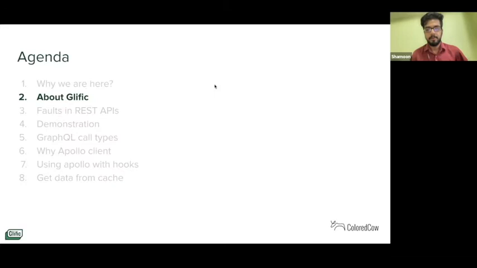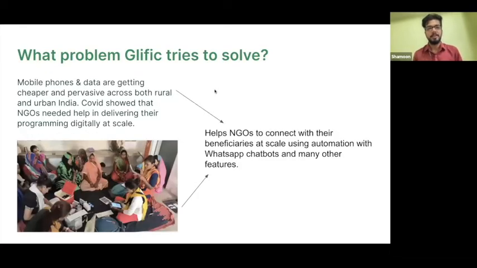Next, before that, I'll just talk about what Glific is and what problem it's trying to solve before going to the tech stack. Glific is a two-way communication platform that helps NGOs connect with their beneficiaries.